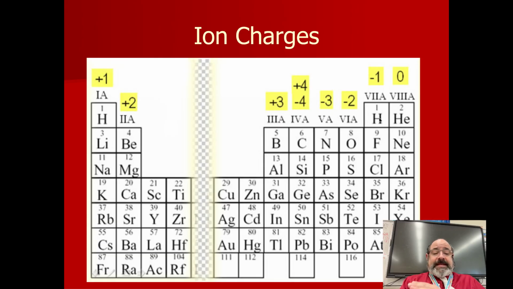So if the name ends with H, that's a hydride. If it starts with H, it gets the metal treatment, which is hydrogen. So just be aware and be careful. And then there's other specifics, which you get to in acid naming, another category later.